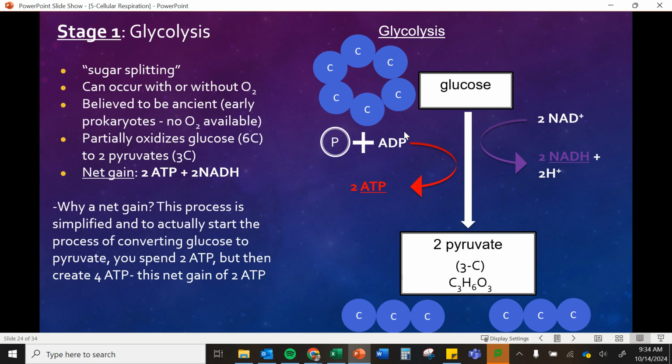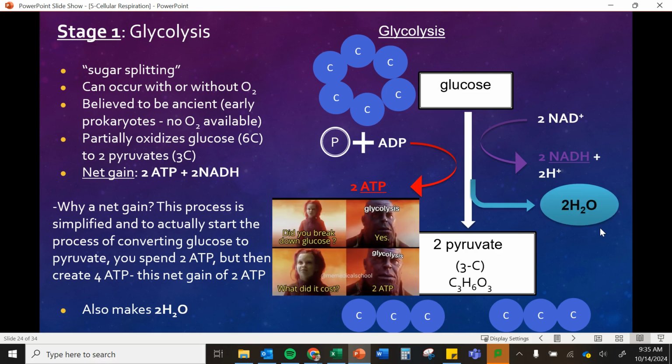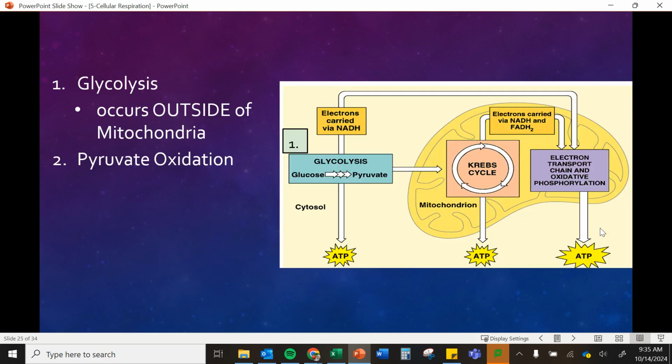So it's a net gain of 2 ATP. Okay, so this is the idea. We're only making a small amount of ATP, so this is why those prokaryotes only use a small amount of energy, because all they can do is glycolysis. It also makes a little bit of water. Okay, that is our first step.